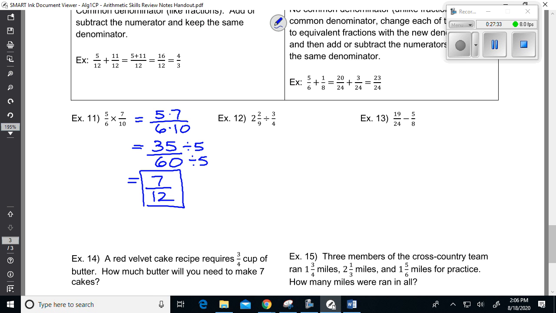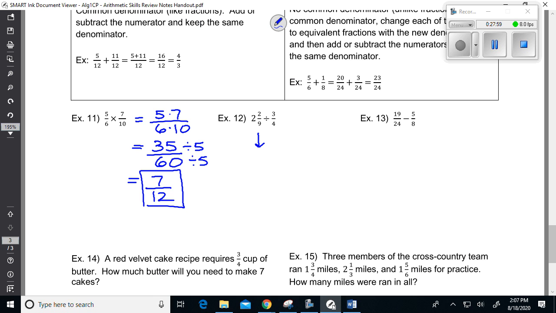Problem 12. 2 2/9 divided by 3/4. So before we start this problem, what has to change first? There you go. So we're going to take 2 2/9 and make it an improper fraction.